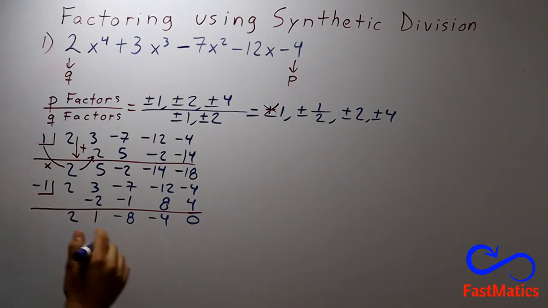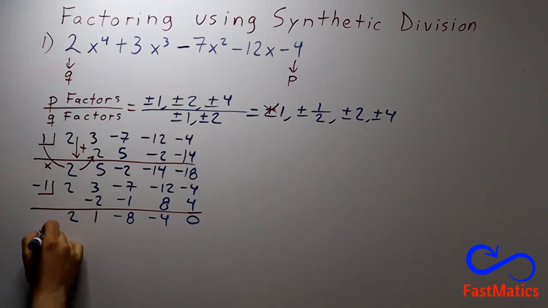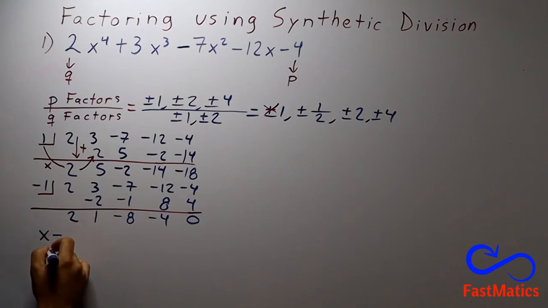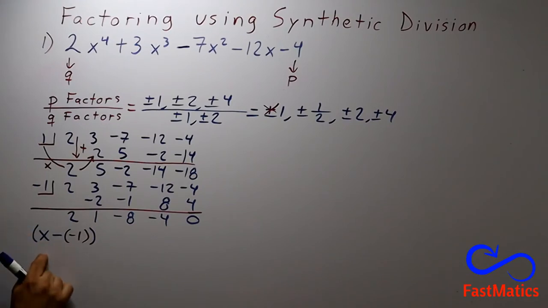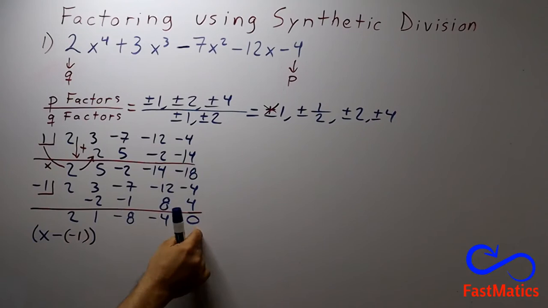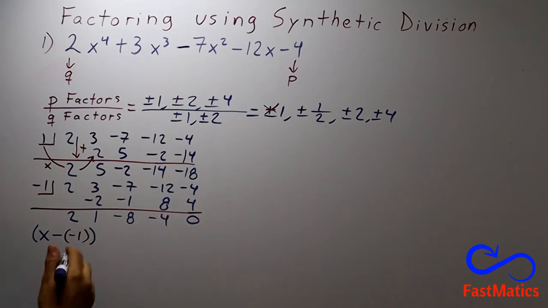Be careful, please. We are going to write x minus, and after that, the number that is helping me to find a 0 here. Okay? Always x minus the number we have found with a 0 here. And after that, we are going to write the coefficients with x.